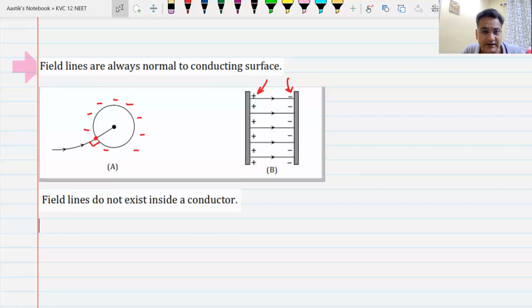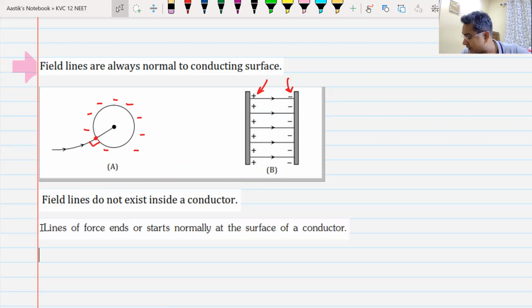Do we understand this? Yes or no? Yes, sir. Electric field lines cannot exist inside a conductor. So inside a conductor, there will not be any electric field and hence there will not be any electric field lines. So electric field will either terminate on a conductor or it will start from a conductor.